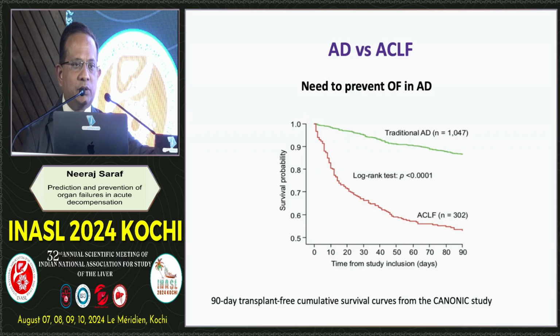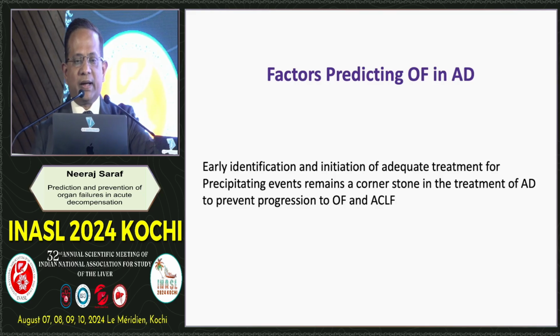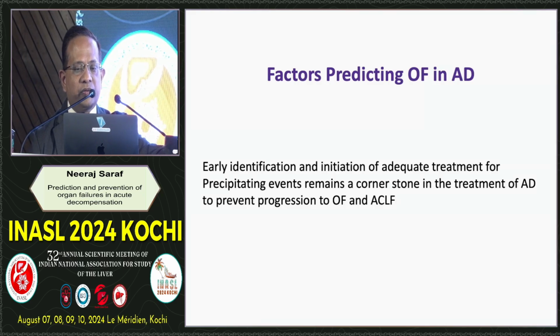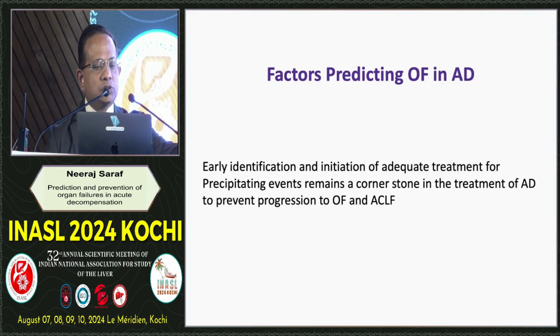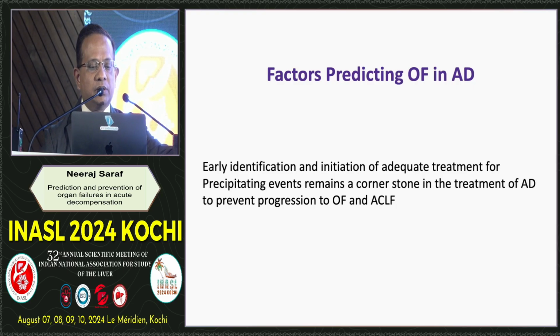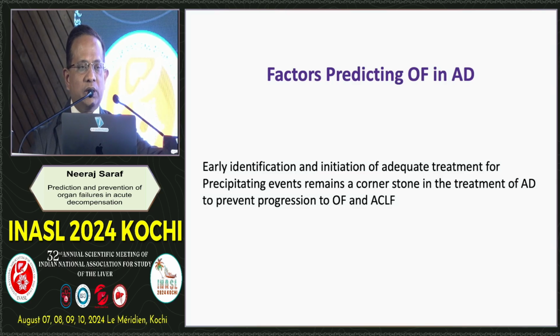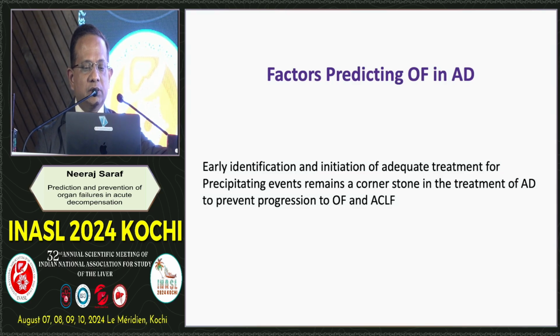So that's why we need to prevent organ failure or predict organ failure in these patients. So what are the factors predicting organ failure in acute decompensation? So early identification and initiation of adequate treatment for precipitating events remains a cornerstone in the treatment of acute decompensation to prevent progression to organ failure and ACLF.